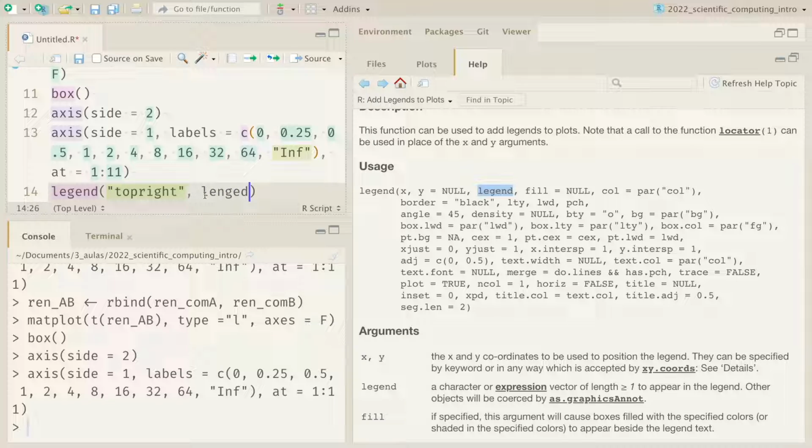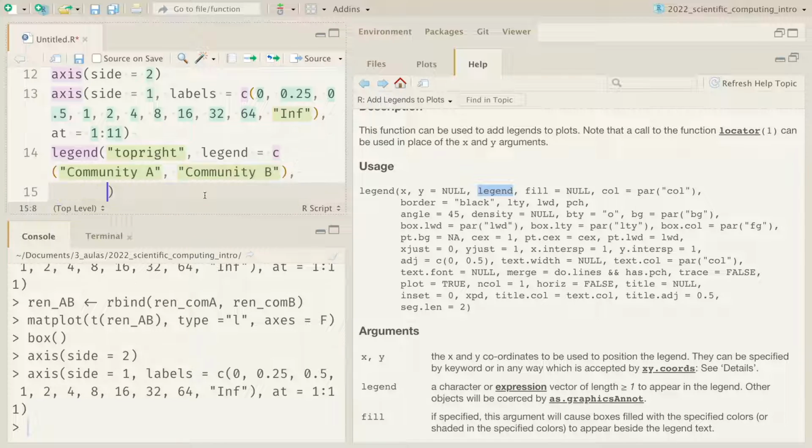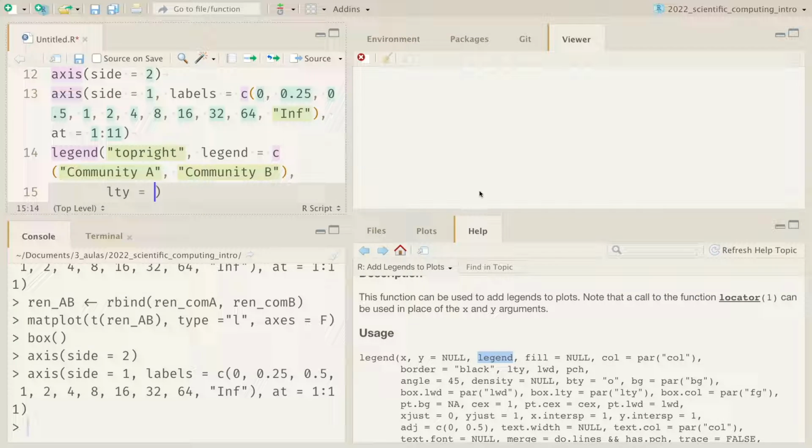So the legend would be a vector of the names of the groups you want: community A and community B. And the line type, because I asked it to plot as a line.